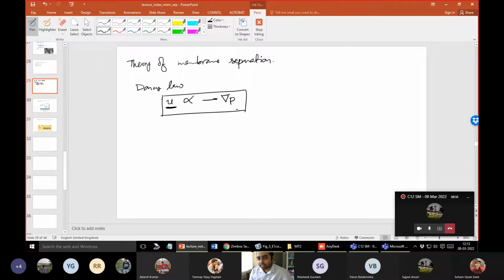So this velocity field U, the underscore that I have written below this is to denote that U is a vector and not a scalar quantity, right? So this U is proportional to the gradient of the pressure. Now, typically the membranes are very, very thin domains, right?